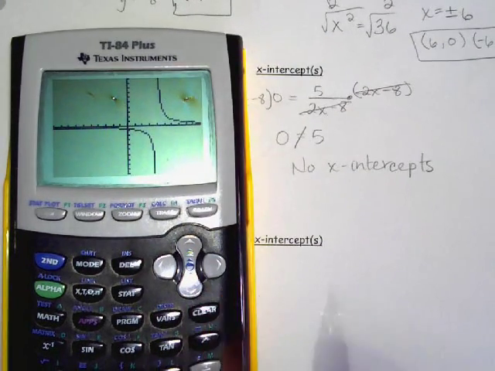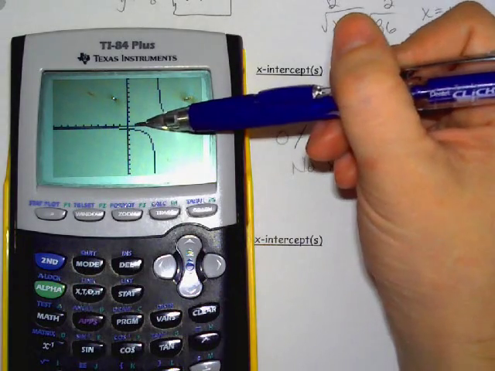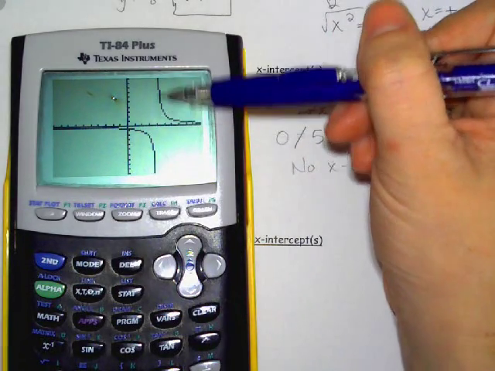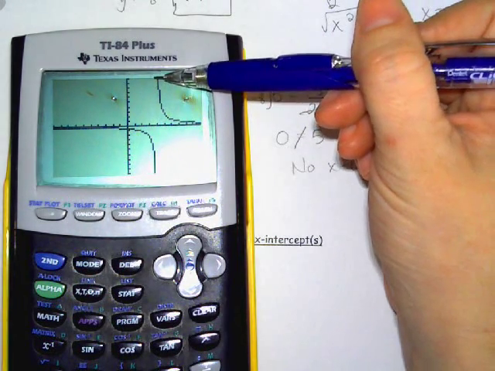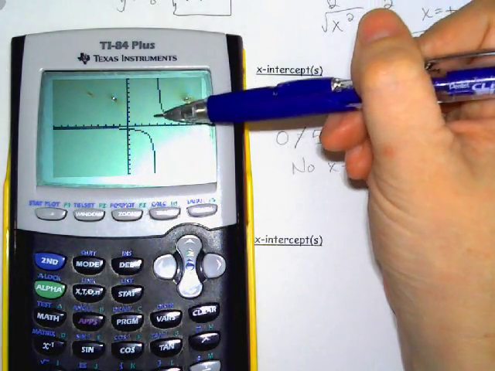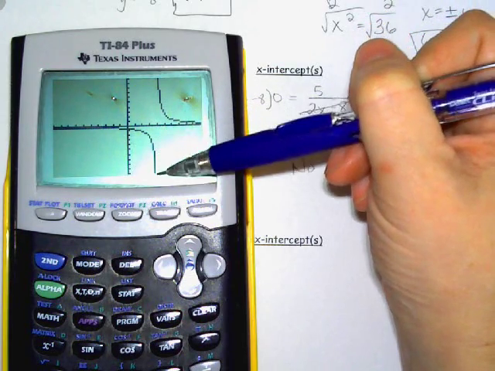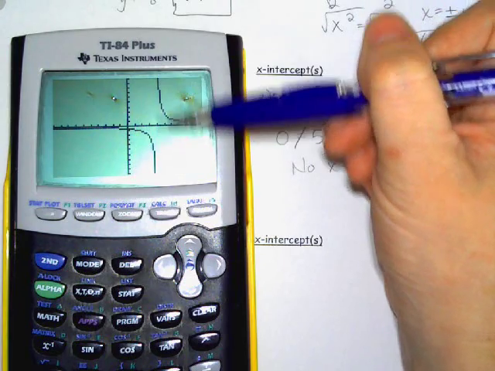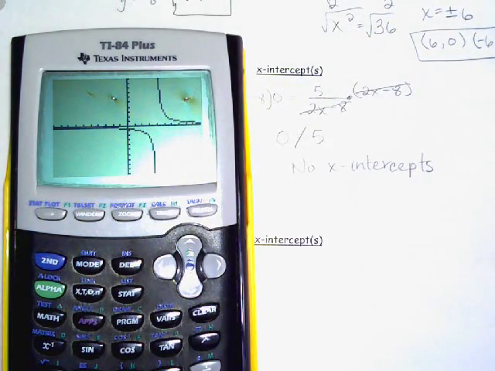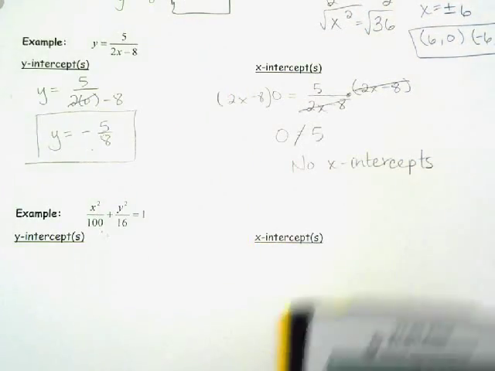Another asymptote is created at x equals 4. I really wish I could draw on this calculator, but there would be a vertical asymptote going down at x equals 4. Can anybody tell me why x cannot equal 4 in this particular equation?